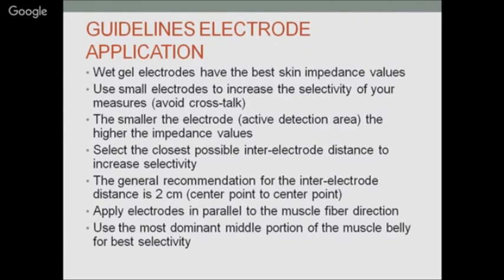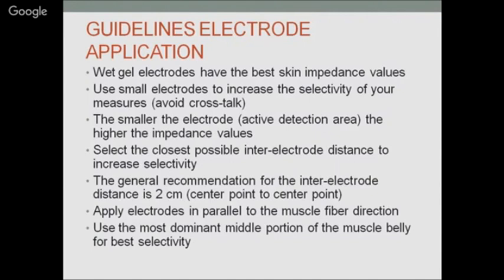The inside area means that metallic area only. Outside area is only to place, because you should have some adhesive material so that electrode can be fixed on the surface. And if you use small electrodes, then you can select a particular muscle, particular position, and you can get a selective output.